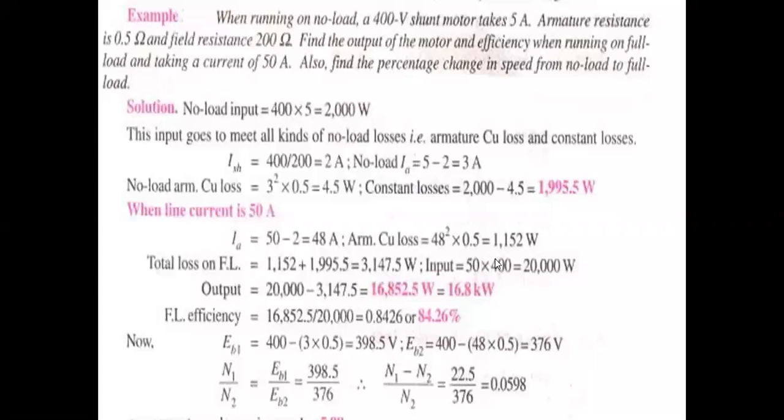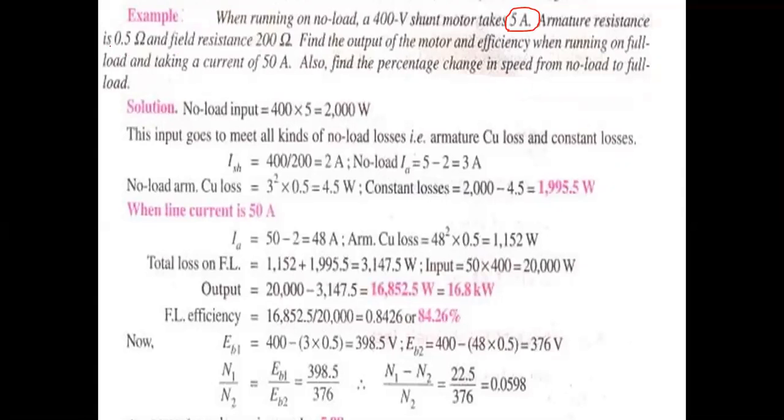Yes, this is another problem belonging to the Swinburne test. Please note down this example in your notebooks. When running on no load, a 400 volts shunt motor takes 5 amperes. This 5 amperes is the no load current, which is I naught.